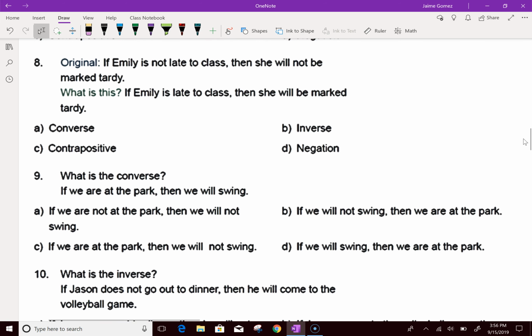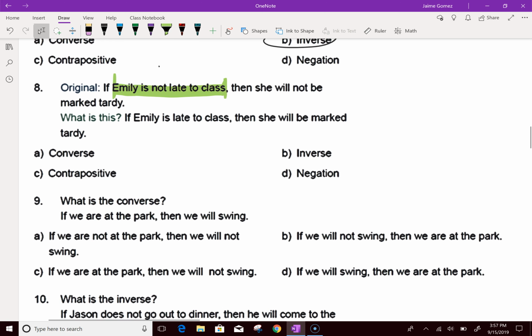Number 8. If Emily is not late to class, that's the P, then she will not be marked tardy. That is the Q. So let's look at what they changed it to. They changed it to Emily is late to class. Again, this had a not, and now there's no not here anymore.